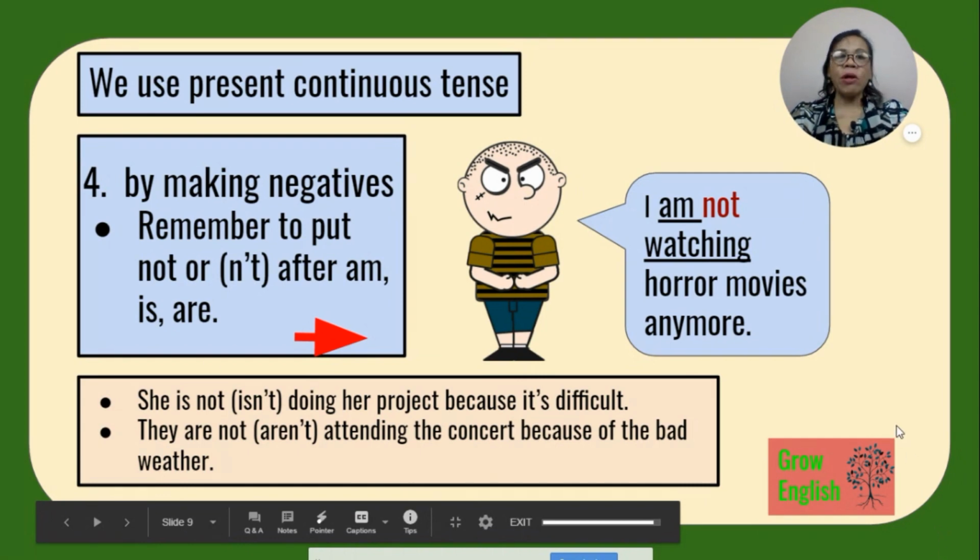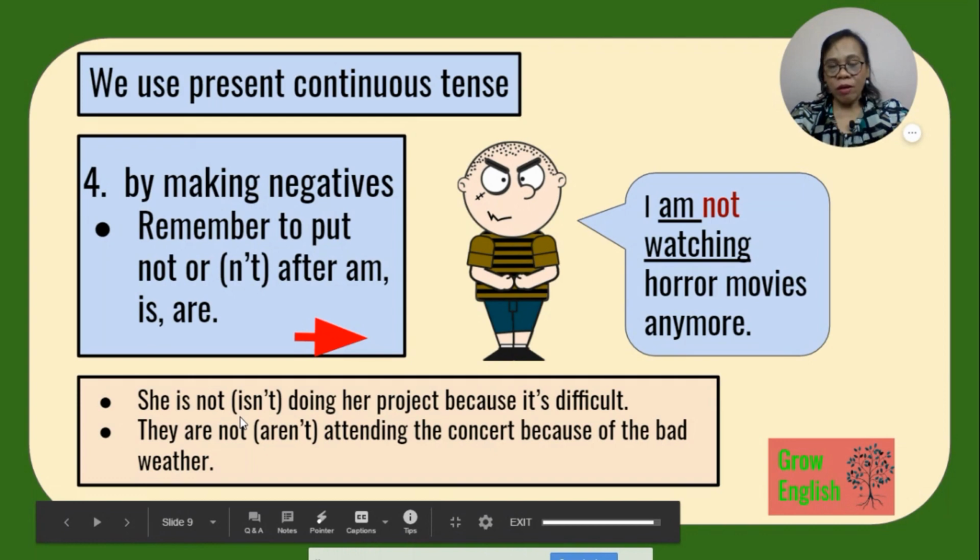This is the example. I am not watching horror movies anymore. So this is what you call a negative sentence because there is the word not, all right? And we have the verb phrase am watching and the rest of the sentence, horror movies anymore. Now we have two more examples such as she is not or isn't.